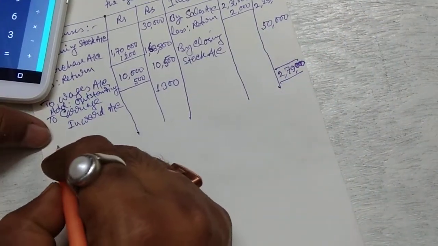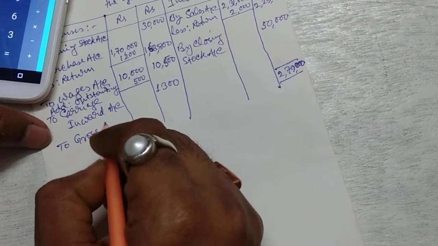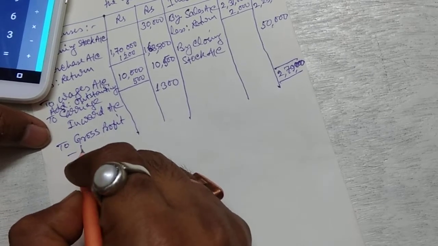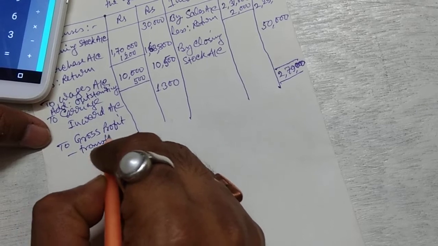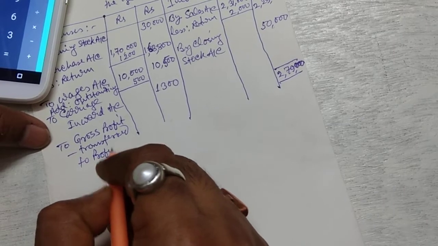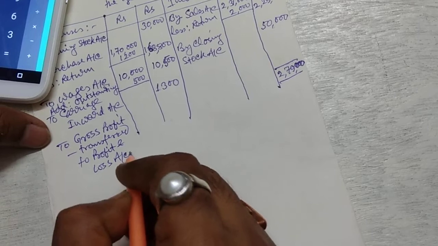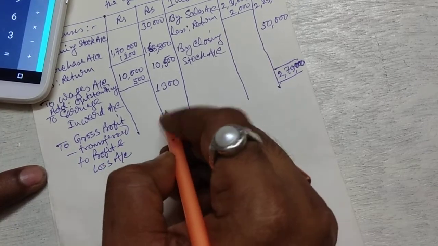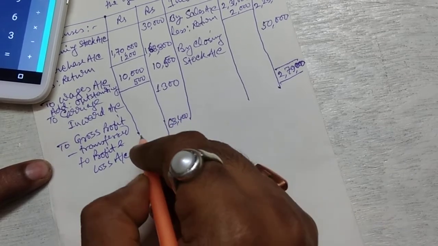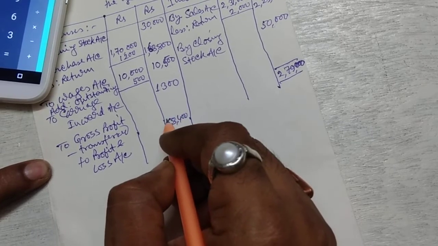So we should write here gross profit transferred to profit and loss account. That is 68,400. This is called balancing figure.